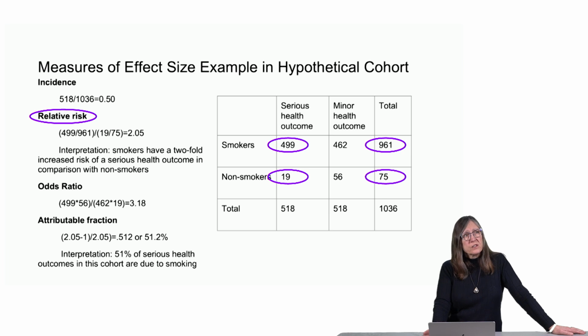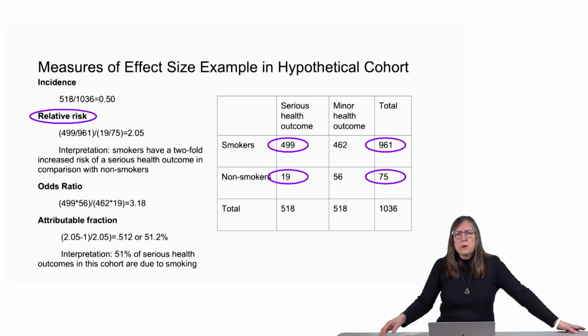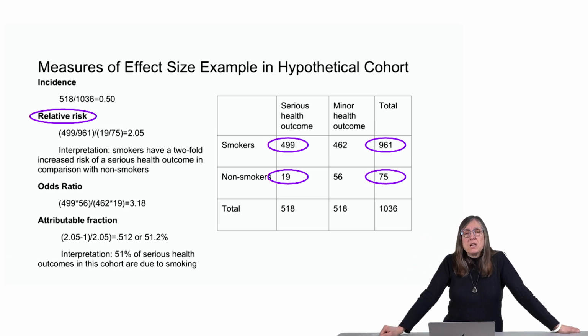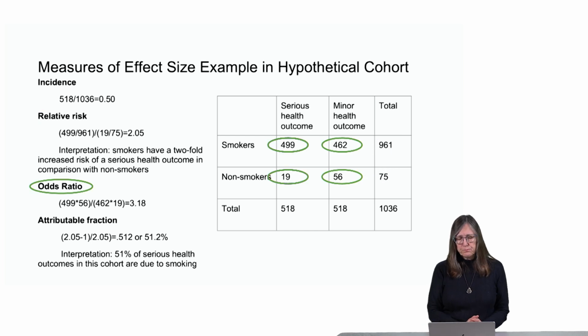And our interpretation is really the important part, right? Not the calculation. Y'all aren't going to need to calculate this. You can just plug this into an app and poof, out comes your number. But understanding what it means is what's important. So here, smokers have, with a relative risk of 2, a twofold increased risk of a serious health outcome in comparison with non-smokers. So next is our odds ratio.